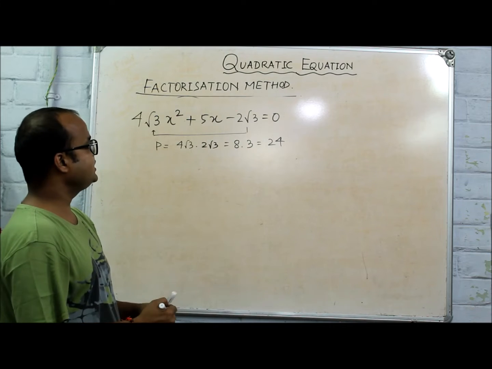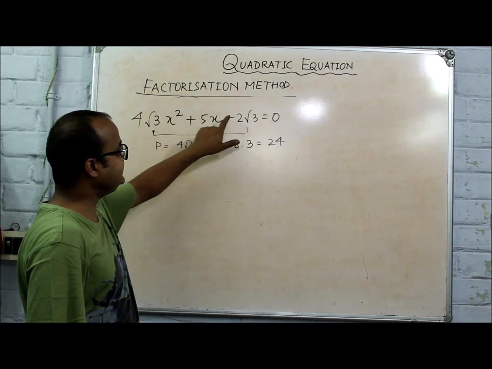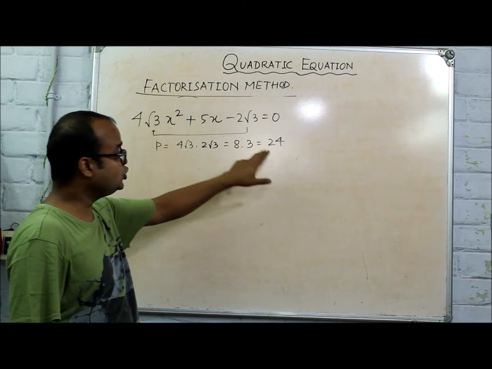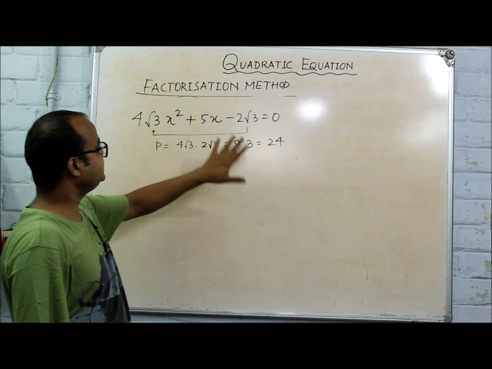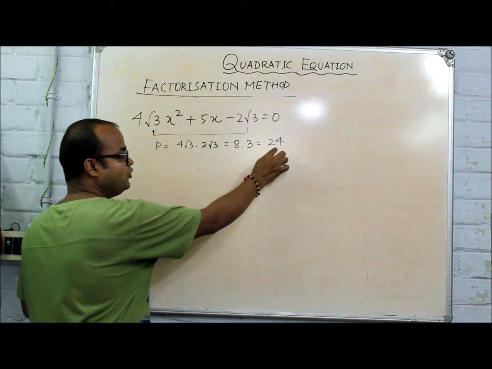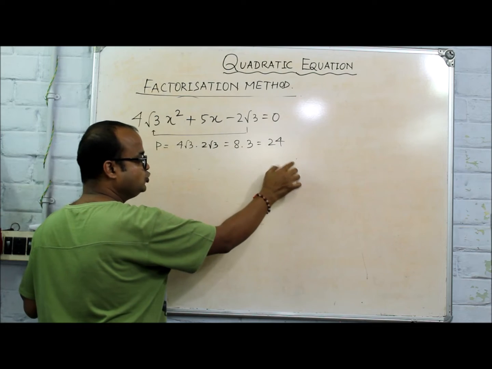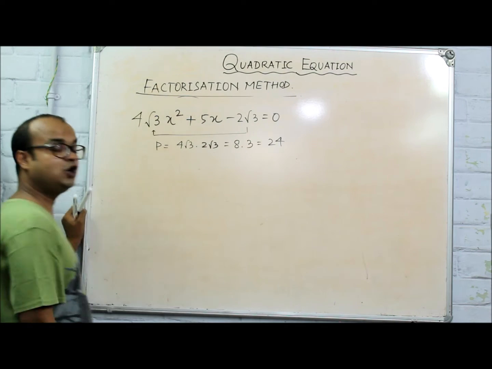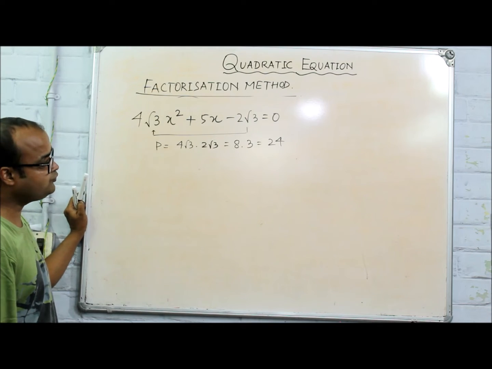And I mentioned earlier that this sign indicates you need to subtract those two numbers such that the difference is equal to 5. Again I am repeating, 24 needs to be divided into two parts such that the difference of those two numbers is equal to 5.